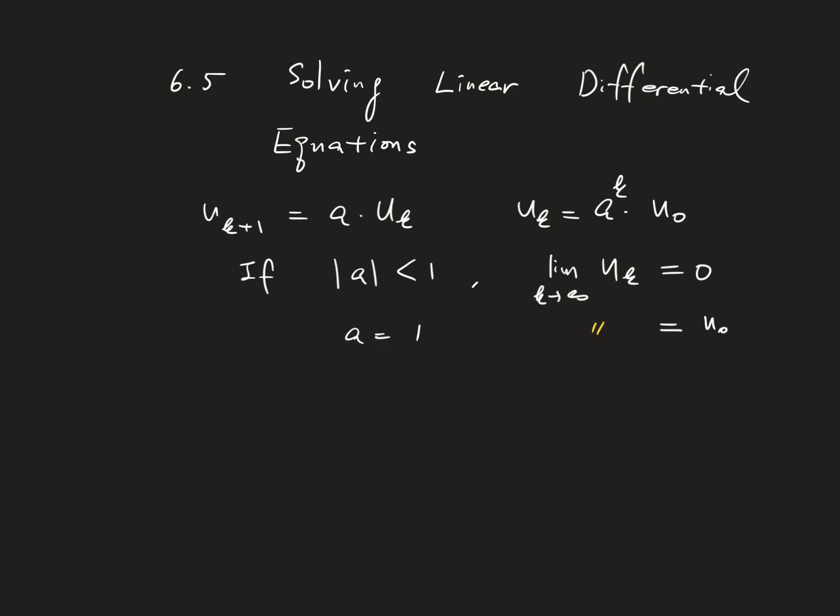And if a is equal to -1, then there's an oscillation, because we will get u_0, minus u_0, and u_0 and minus u_0. So we have oscillation for this case.